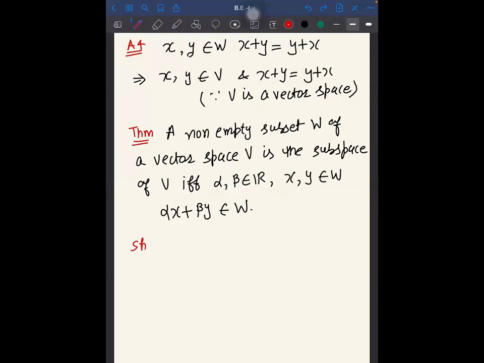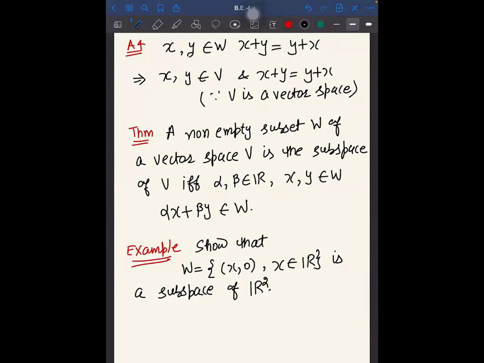So see this. Show that W is a subspace. We'll prove those two properties, right? So let's pick an example.